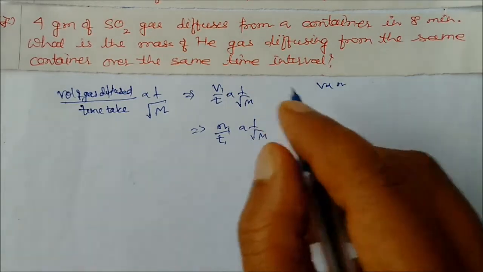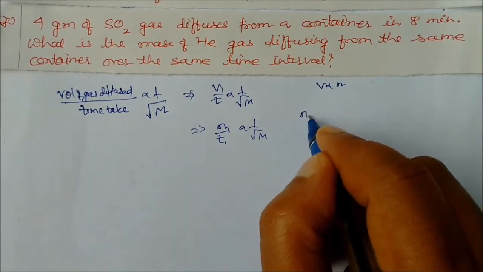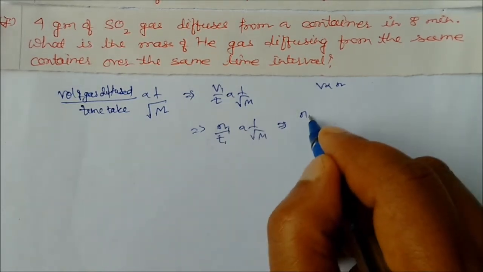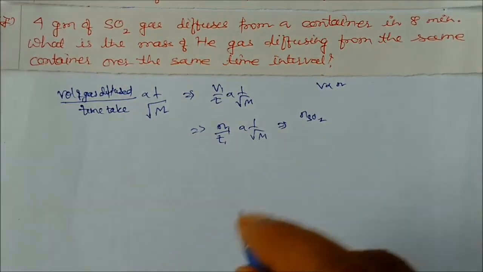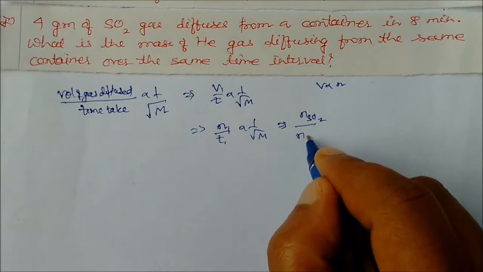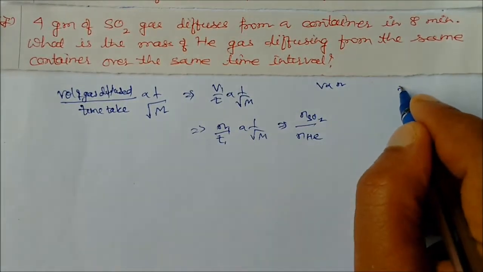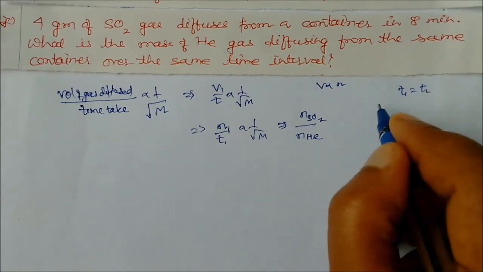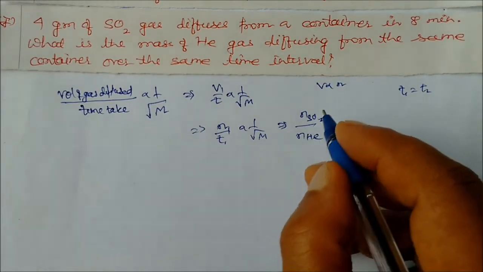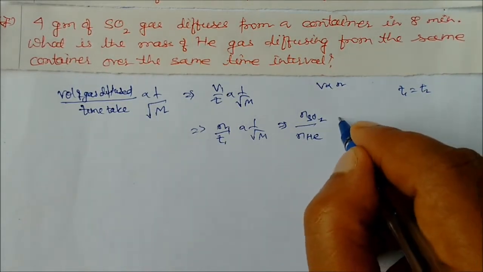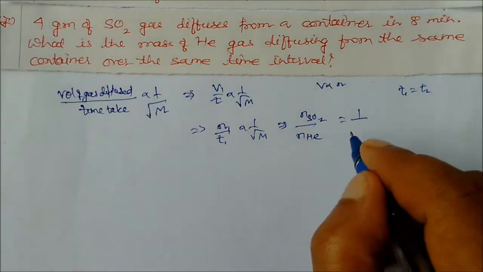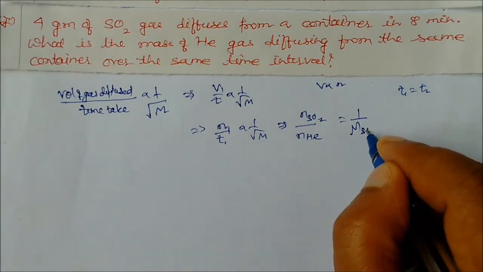We take the two values: n of SO2 divided by n of helium, and since time is the same for each, we take moles only. This is equal to the square root of the molar mass of helium over the molar mass of sulfur dioxide.